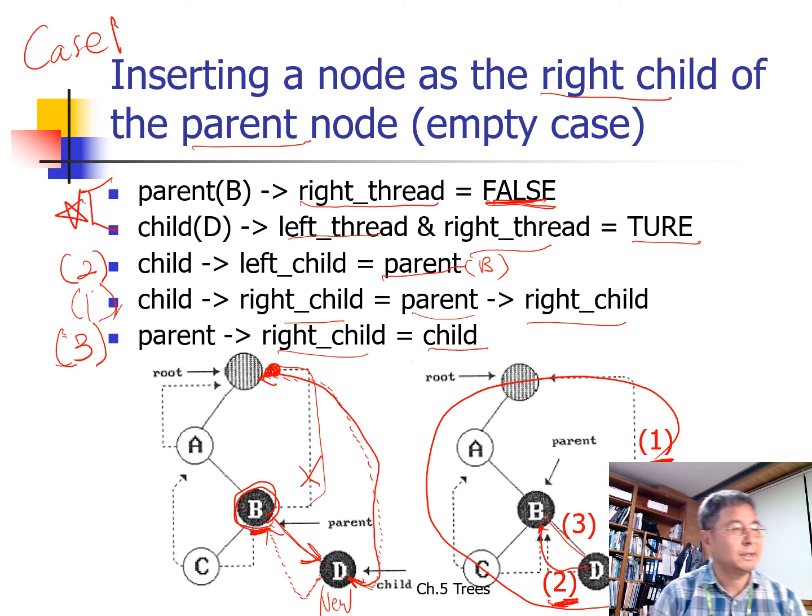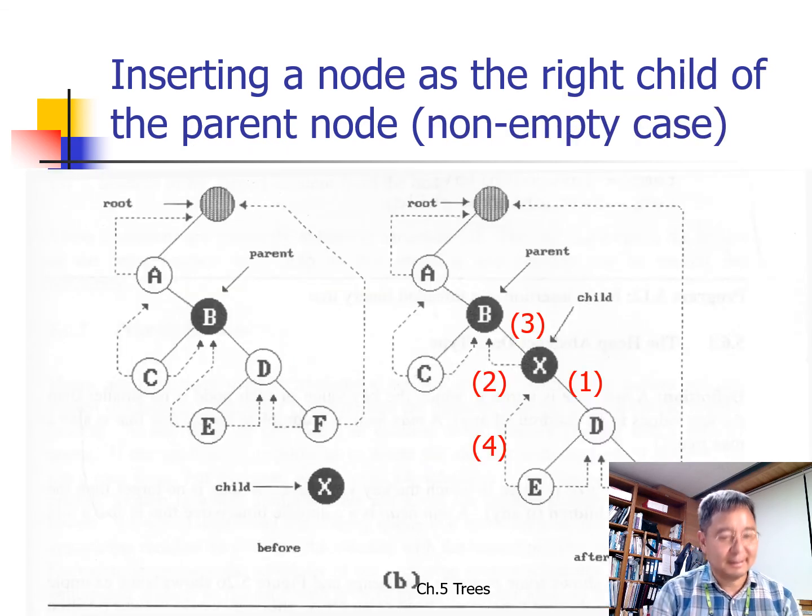All of the changes that happen when inserting a node as the right child of the parent node are these 5 lines. So you must understand this well in threaded binary trees.